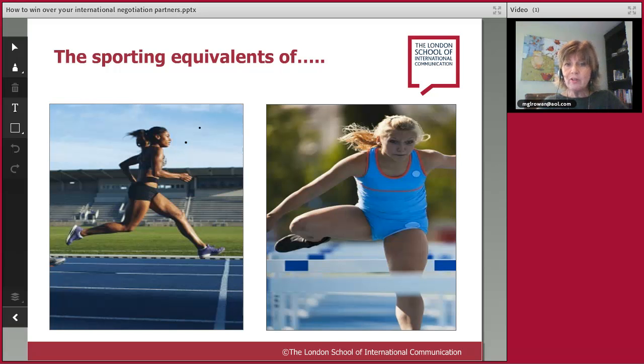So these are two very different styles. Neither are wrong, neither are right. One isn't better than the other. They are just the way we think. And the way we think matters to the way we're going to act.